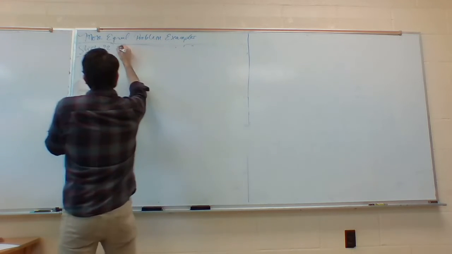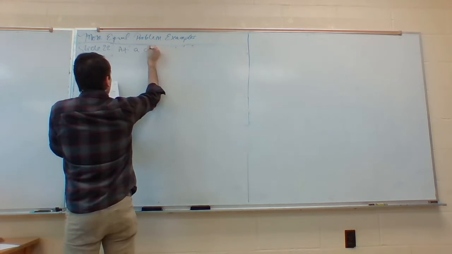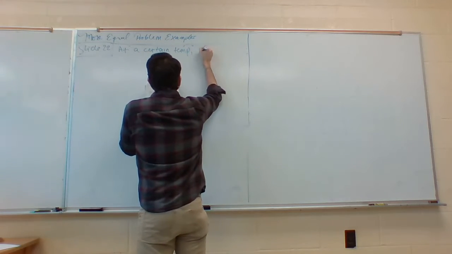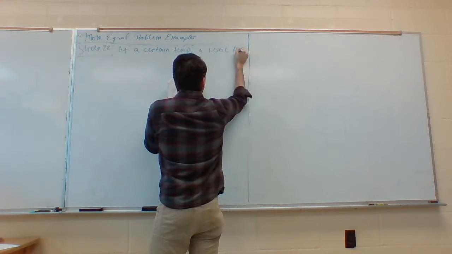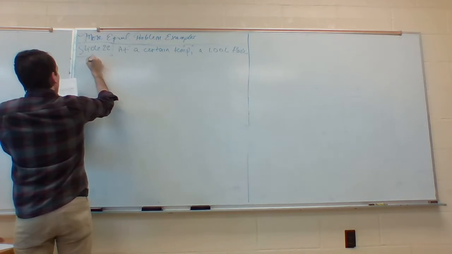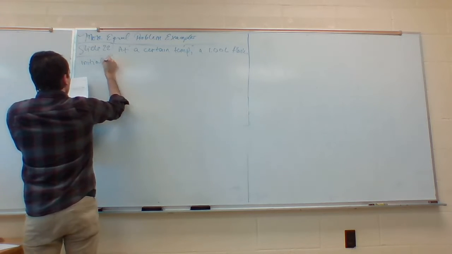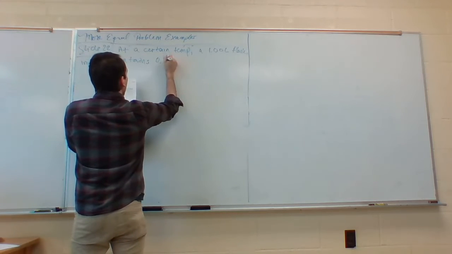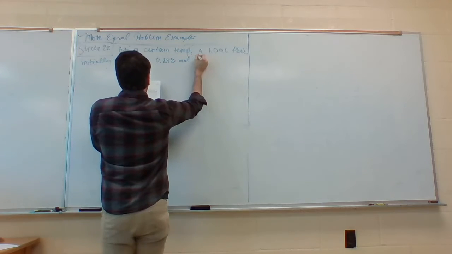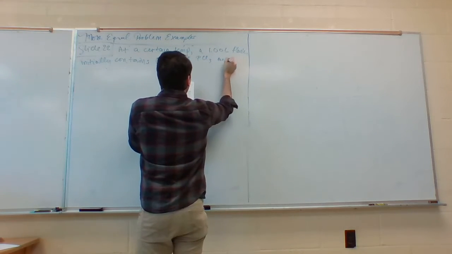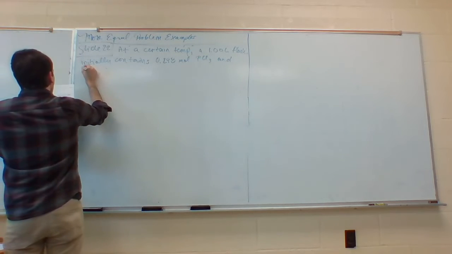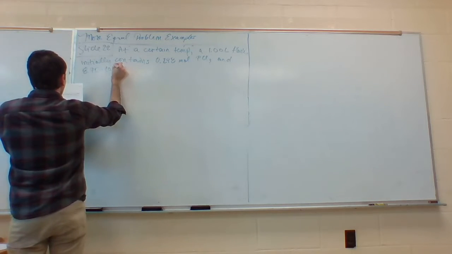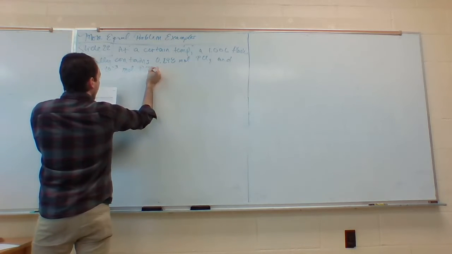Okay, and this says at a certain temp, a 1.00 liter flask initially contains 0.298 moles of PCl3 and 8.70 times 10 to the negative third moles of PCl5.